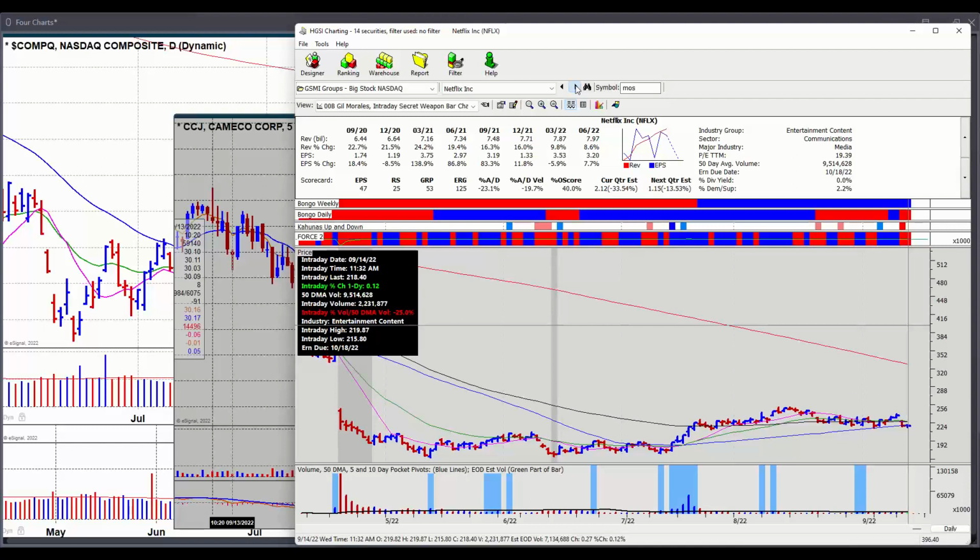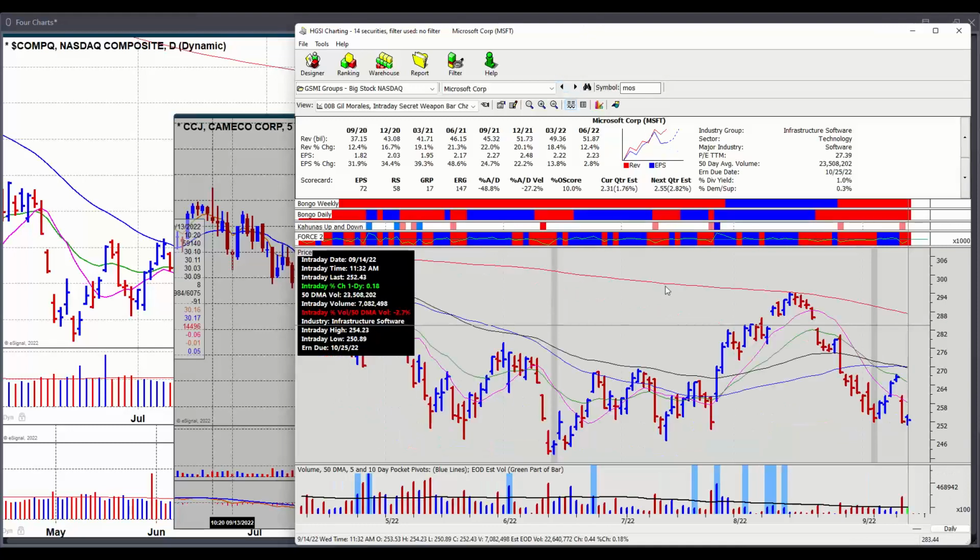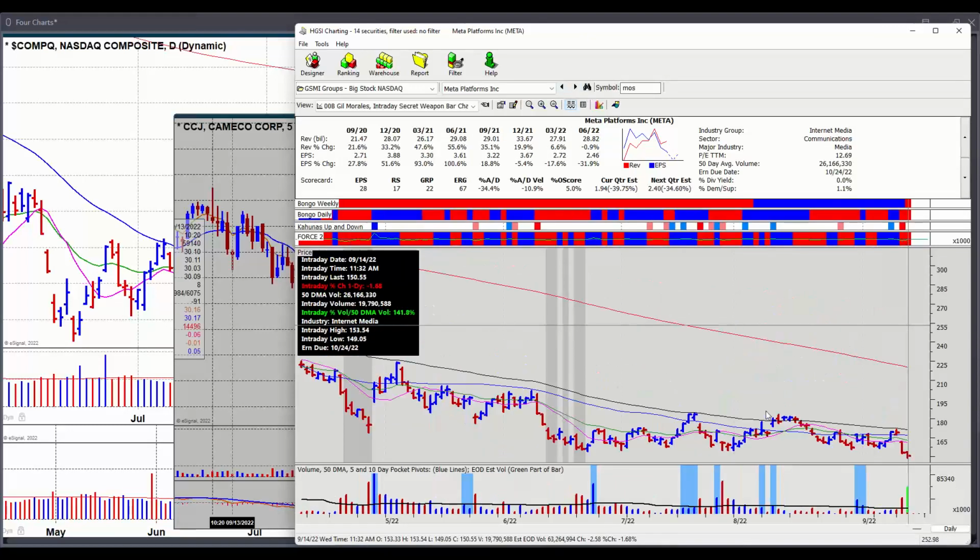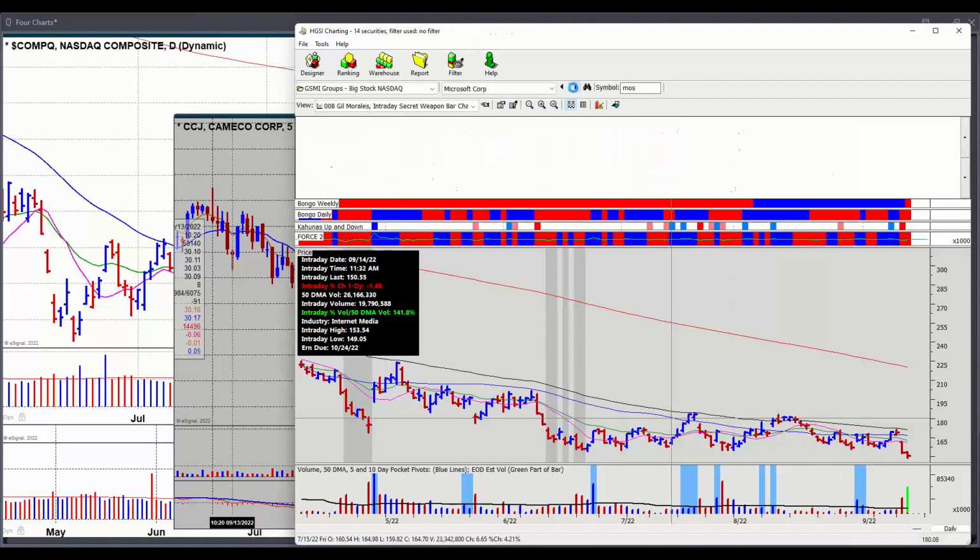So even though a name like Meta Platforms is considered a value stock now, it was considered a value stock, I think, back up, down in here at 190. Now we're down to 164.70 right now, and it was added to the Russell Value Index, but there's not much value there.